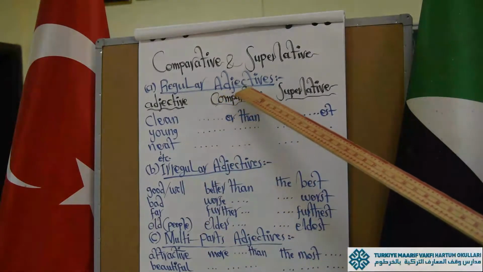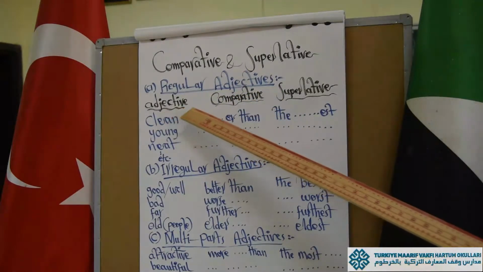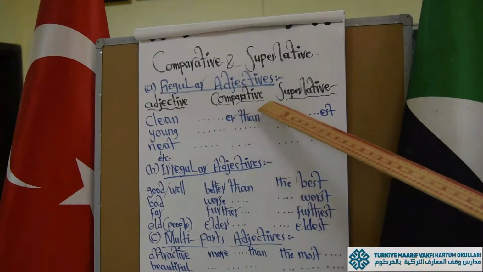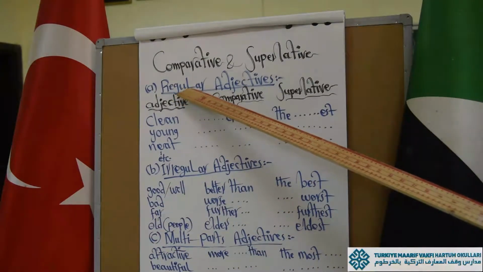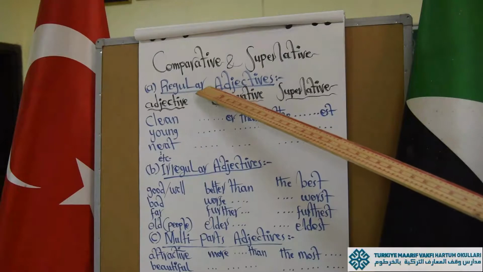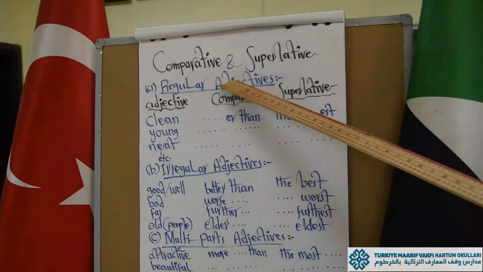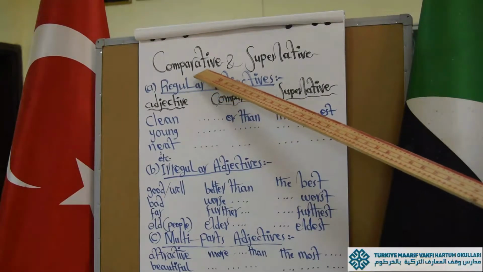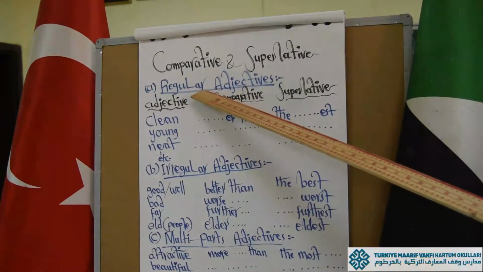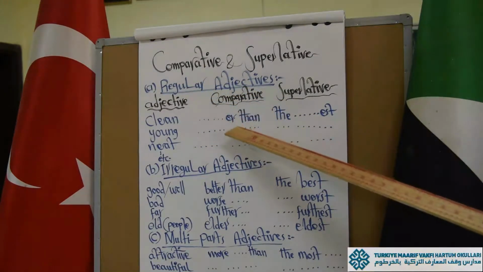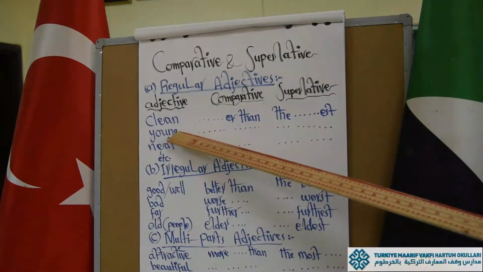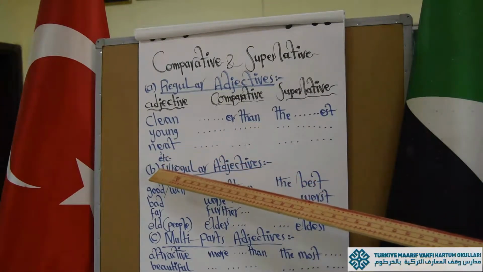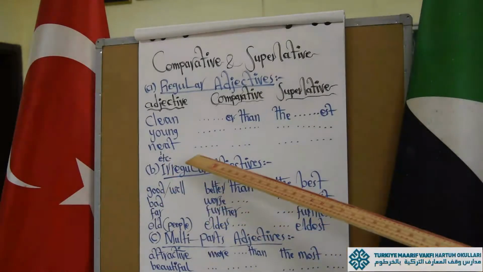An adjective in English has a comparative form and a superlative form. Let me say once again that we call these regular adjectives. When we say regular, something well known for everyone, the opposite of it is irregular. So regular adjectives are like clean and young and neat, etc. A lot of them.